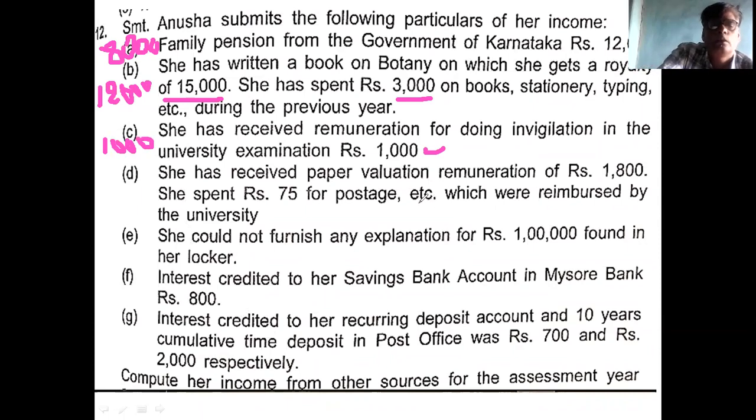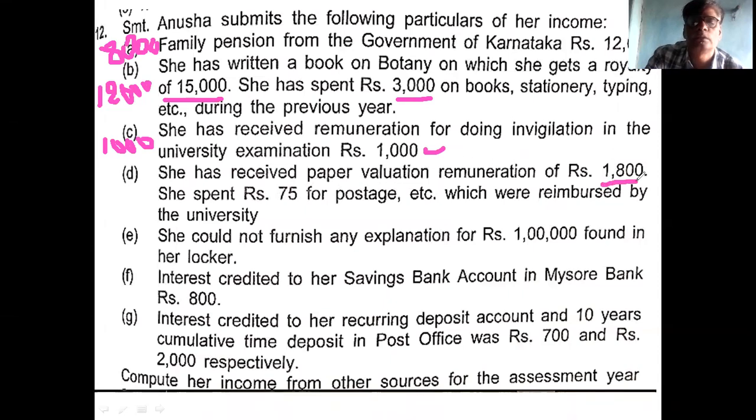Then next point, she has received paper valuation remuneration 1,800. 1,000 is for supervision, 1,800 for valuation of papers. And she spent 75 for postage. This 75 rupees is relating with the income.